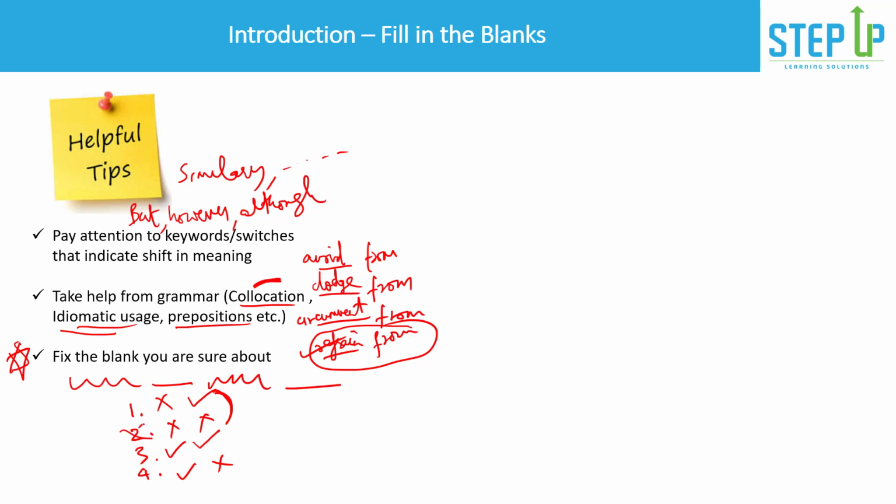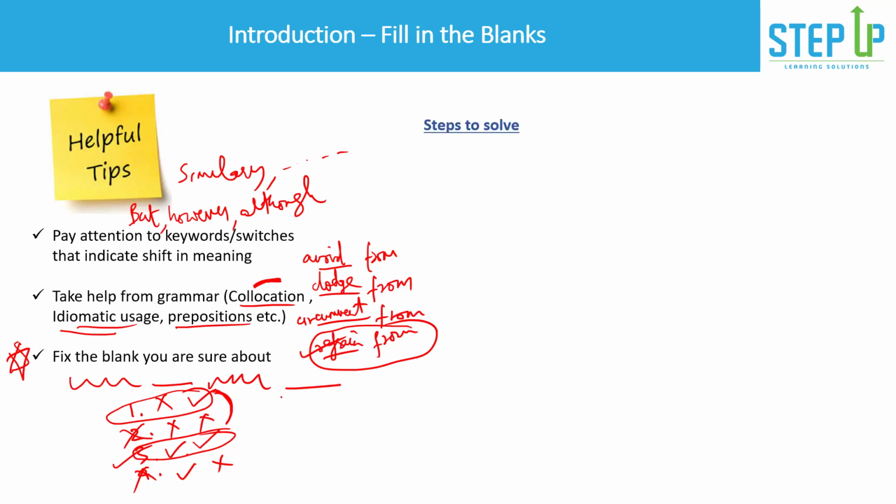So now you can easily reject the other two options. Once you're sure about a particular blank, you can reject the other options, which eases the pressure on your head, and then you can decide between the remaining two options. So fix the blank you're sure about. Once you know it's fixed, other options you can eliminate.